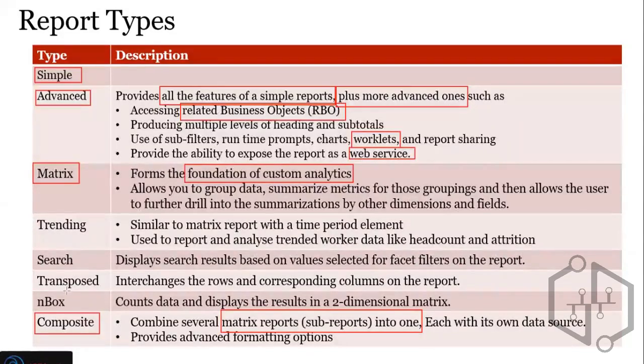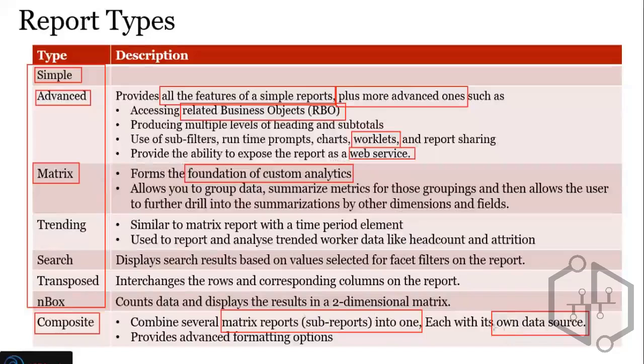Now those kind of advanced formatting is not possible in any of the other report types, right? It is not even possible to get data from different reports in any of the other report types. So in composite report, you can group data from multiple sub-reports. Each sub-report can have its own data source.